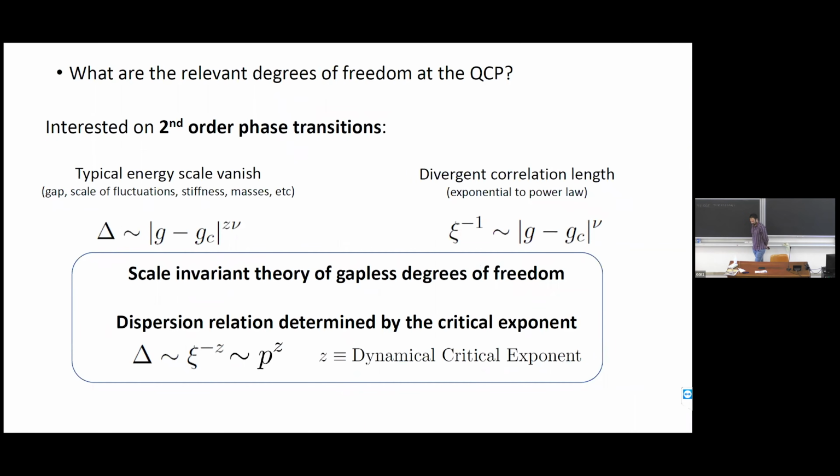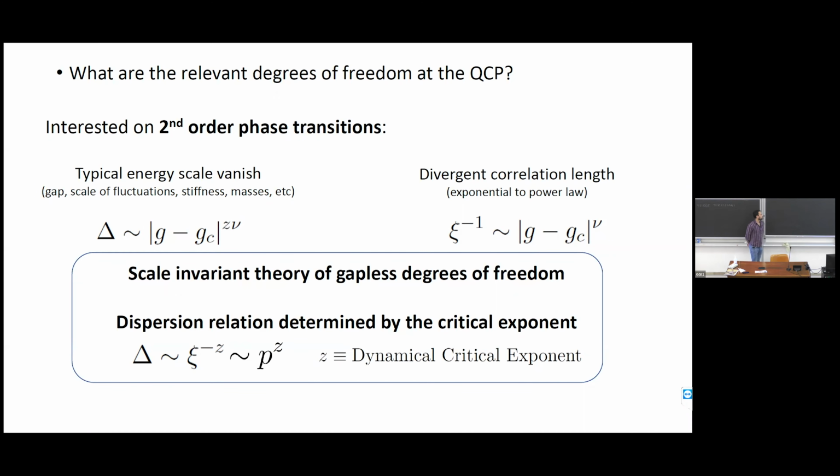But now back to generalities. In general, what is the effective theory that describes dynamics at a critical point? At this point, I'll focus in particular on phase transitions which are second order. So we have some additional pieces of information.